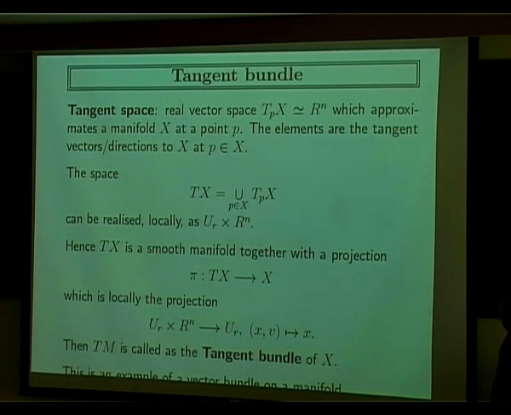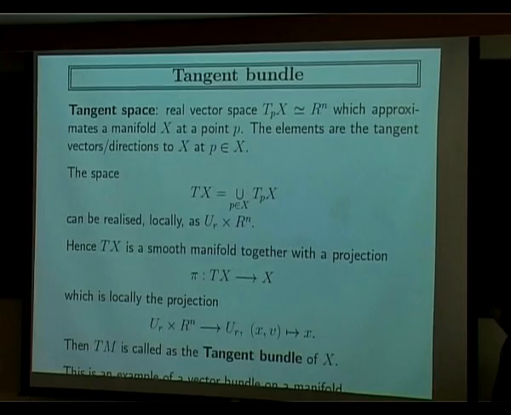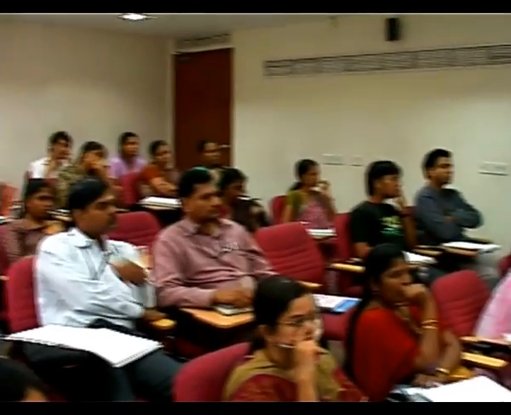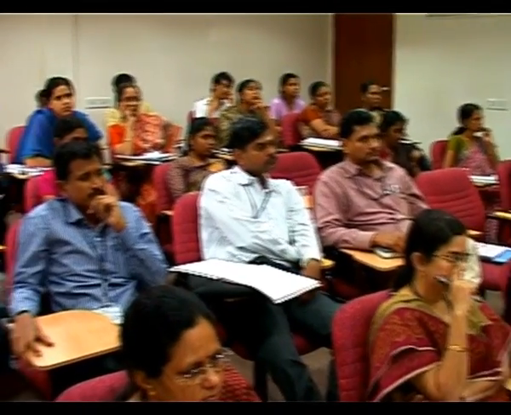So for any point you can associate a tangent space, which is just a flattening of a small neighborhood at that point. This is the real vector space you attach, and it is again of dimension n by definition, and the elements are called the tangent vectors to X at that point P. You can do this at any given point on your manifold.